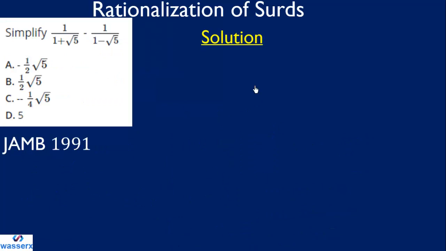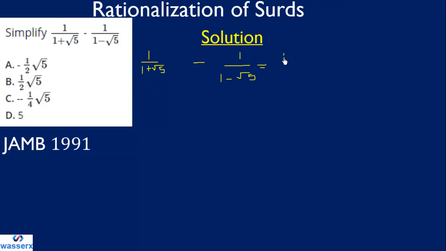Now we have this one, we are simplifying it. We have several ways we can do it, but I want to do it using rationalization. So we have 1 over 1 plus root 5 minus 1 over 1 minus root 5. So we rationalize each of them.